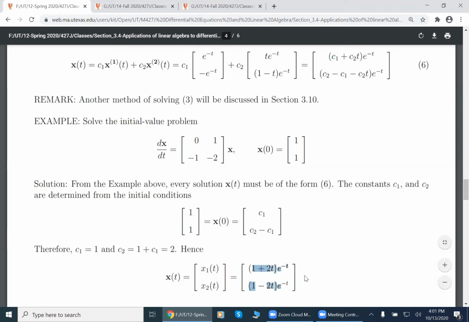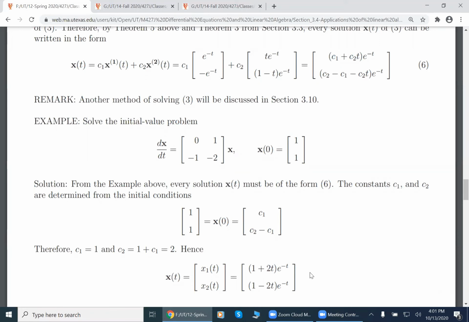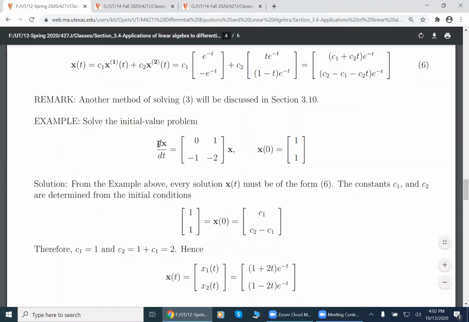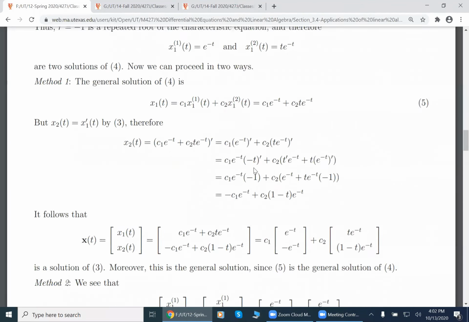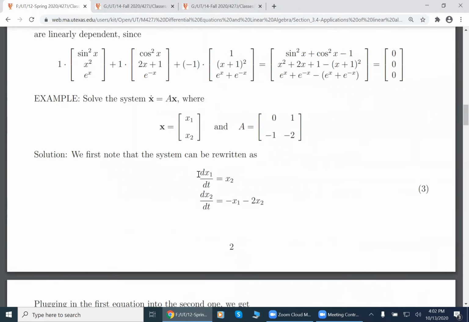Any questions? Can you go over that last example one more time? I think I even just missed the first part. So you're saying that this is for the problem before, so you plugged in 0? Yes. So this is the same as this, written in matrix form. It is the same system.